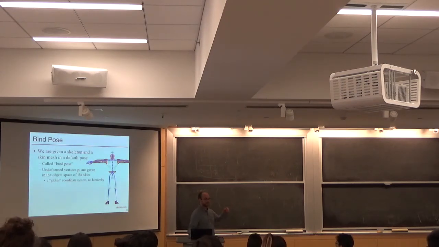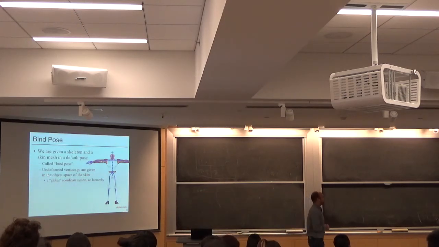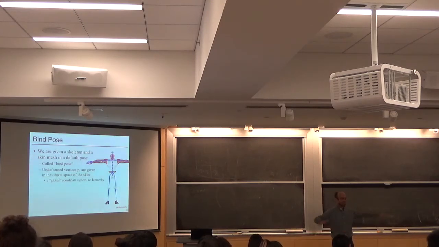Because I also have to figure out what happens in rigid motions of space, and obviously different points matter: if I pivot about this point, that's different from pivoting about this point. So I need to know something about space, not just weights in terms of the influence of my bone. And so this is called a bind pose. When I make my basic 3D model, we agree ahead of time to put the model in some basic pose where I can easily embed a skeleton.